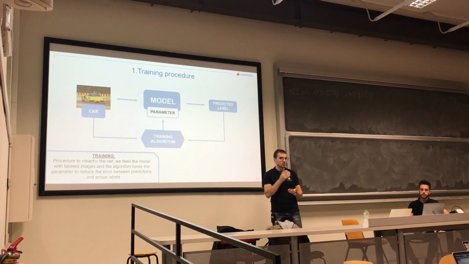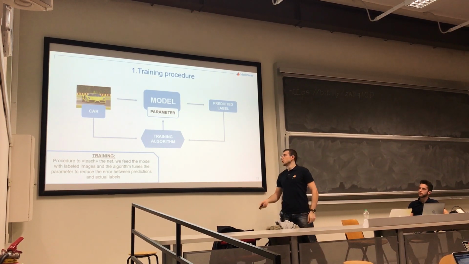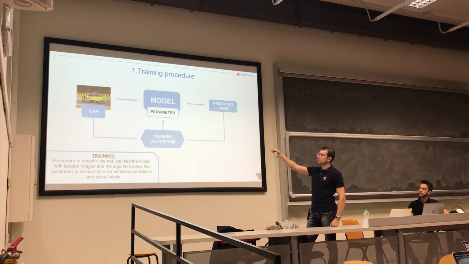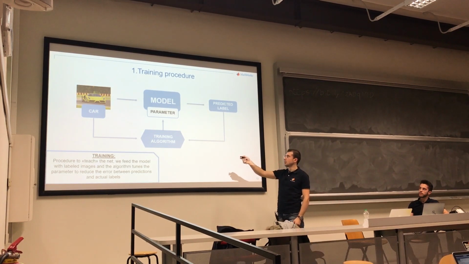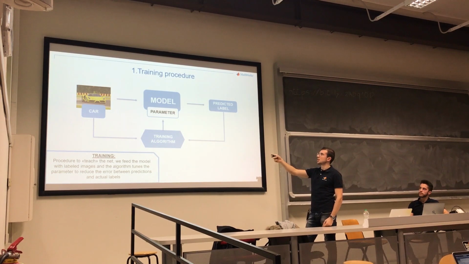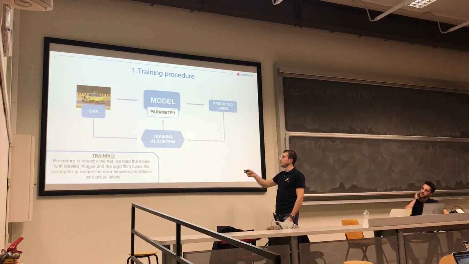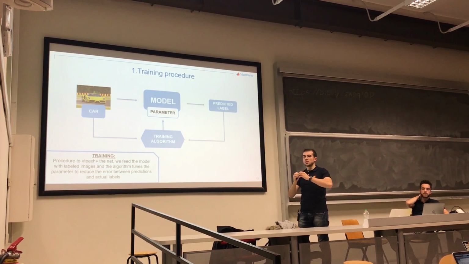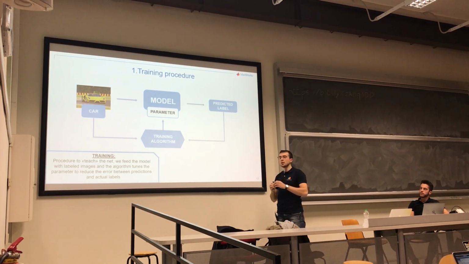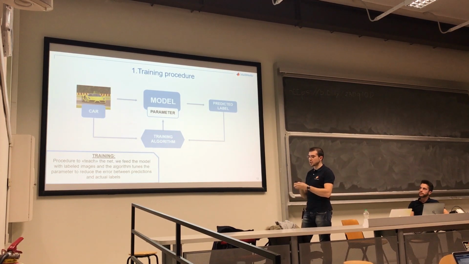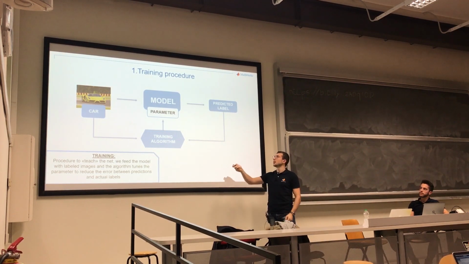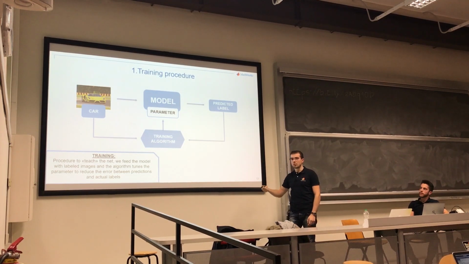But we have to start going deeper into what our training algorithm is. So in general, the training algorithm procedure is: we take the image with the respective label. We put the image inside the network, so the model, and we use the label, car, inside the training algorithm. The training algorithm is a series of parameters and equations that will understand if the input data is or isn't the requested one.